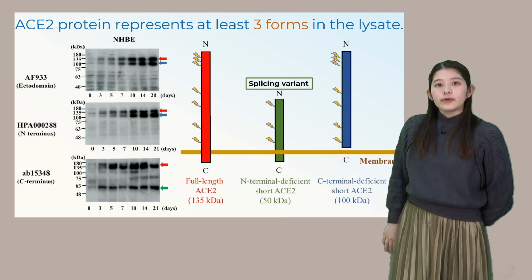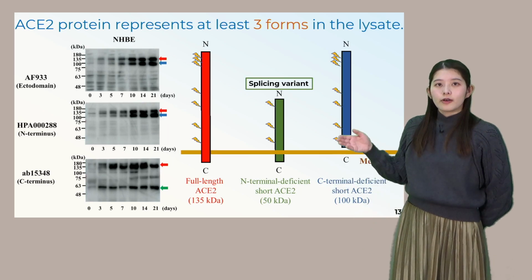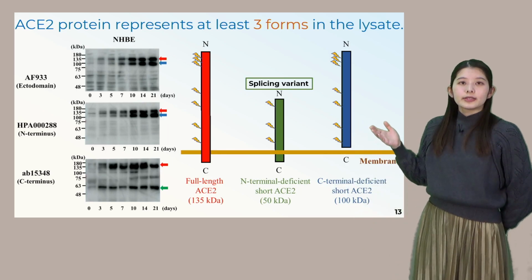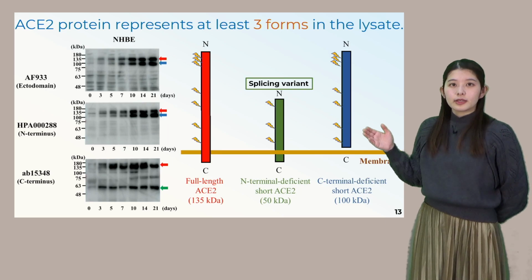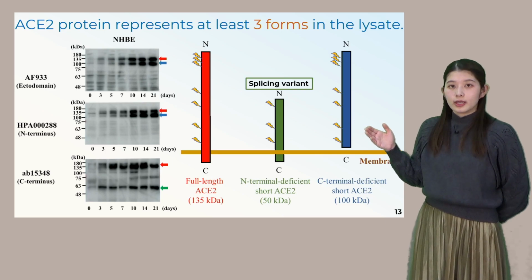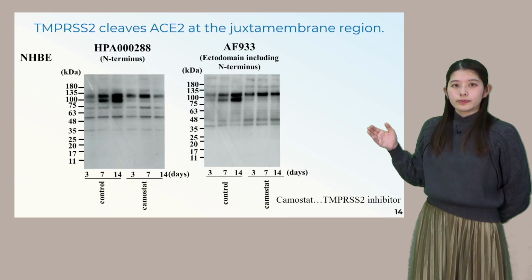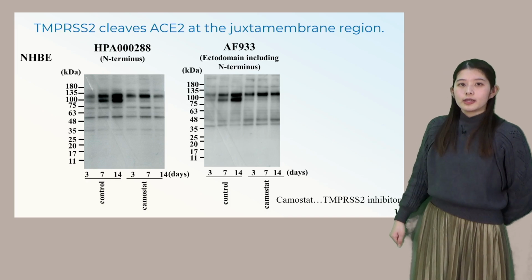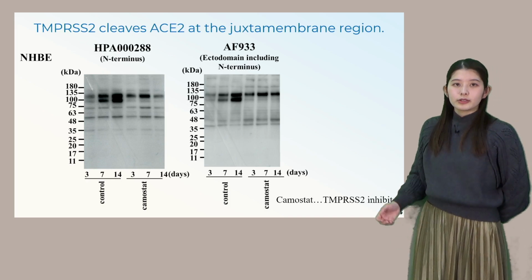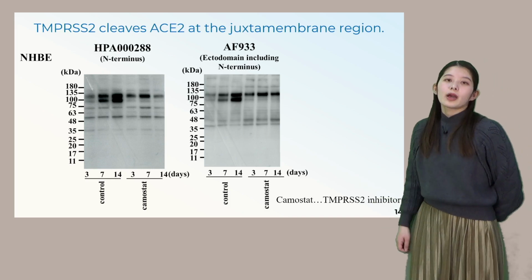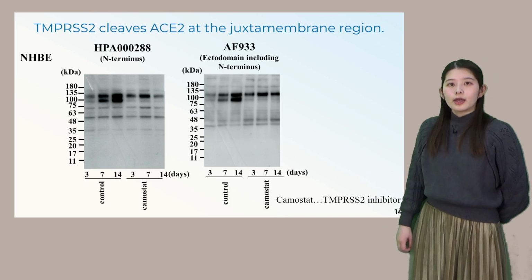Next, I focused on the short ACE2 of 100 kilodalton, and I hypothesized that it is affected by the protease TMPRSS2. So I cultured NHB cells with camostat, which is a TMPRSS2 inhibitor, and the lysate was blotted with ACE2 antibodies.